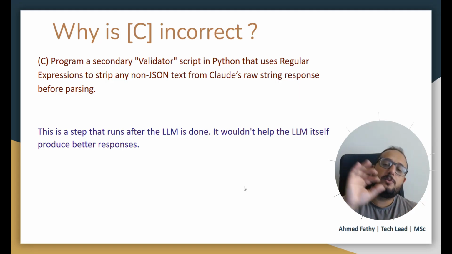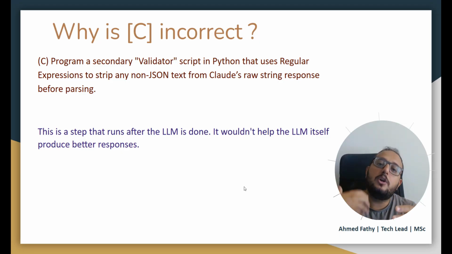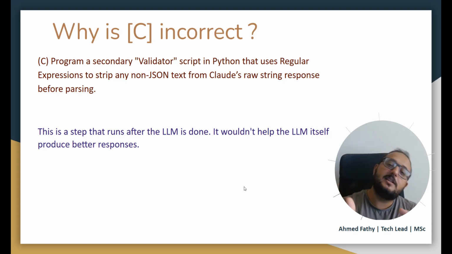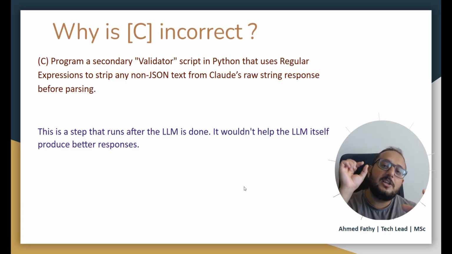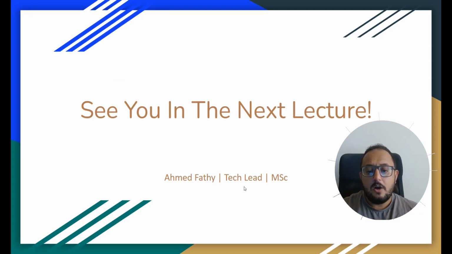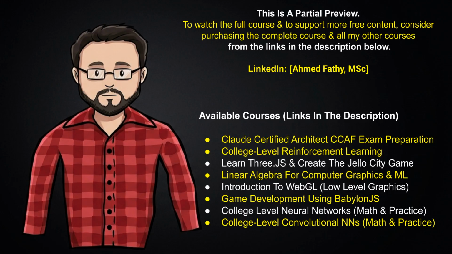The good thing about the tools parameter and the tool choice parameter is that it controls how Claude gives the response to you, which is nice. But this validator, yes, you can have a validator with retries. This is actually nice. It's not bad. Again, it's not bad, but if you use the tool choice parameter, you actually affect the decoding process itself using guided decoding. Okay, that's it for this video. See you in the next lecture.